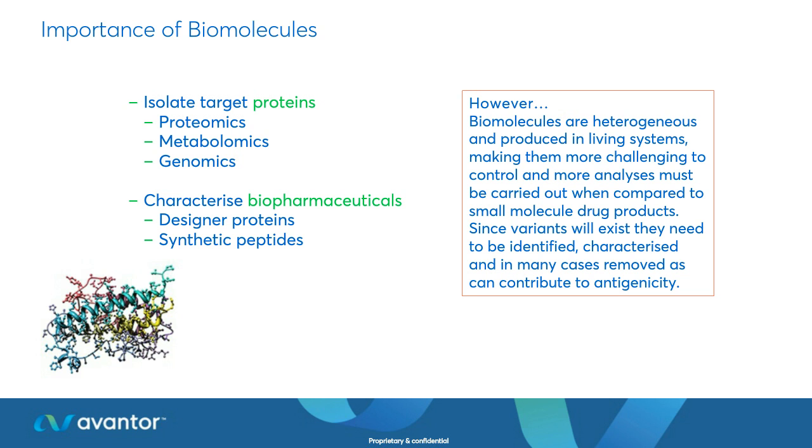And when we want to use them, whether it's for biotherapeutic use or, if you're working with biological washing powders, they've got proteins in there. So we need to make the protein that we intend to make. The problem is when we're generating them in a living system, they turn out to be very heterogeneous.